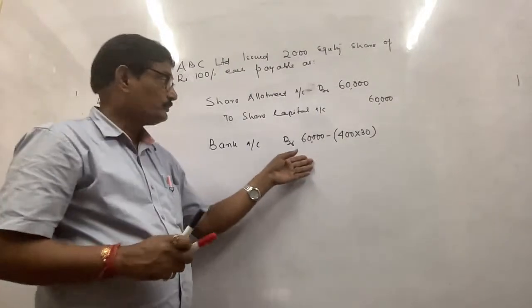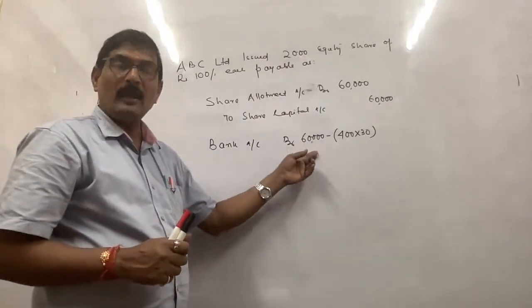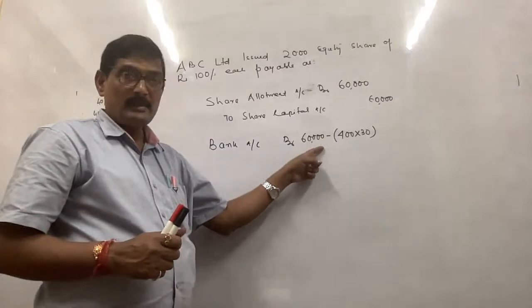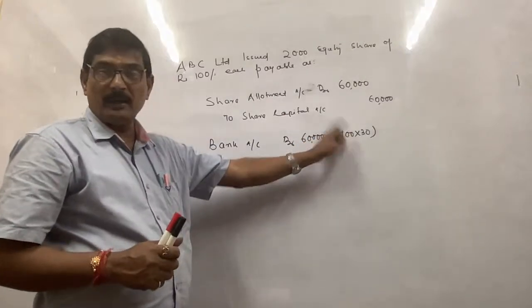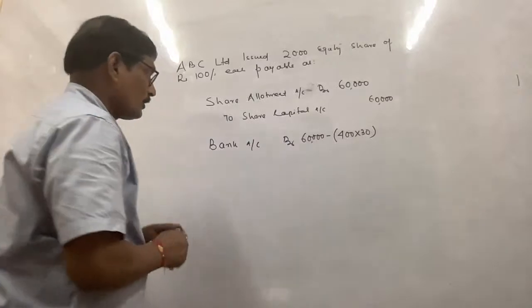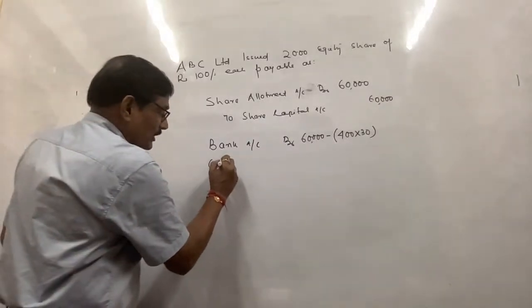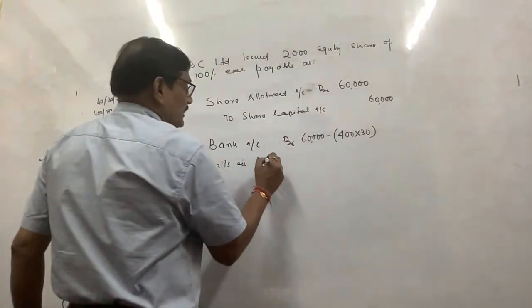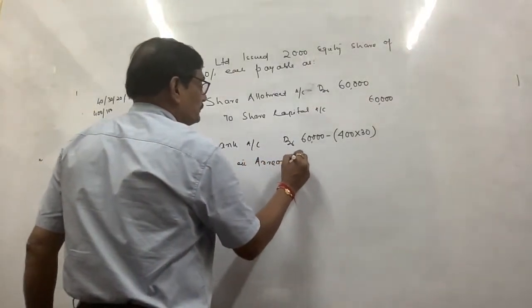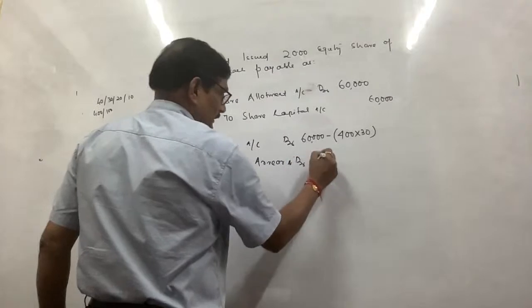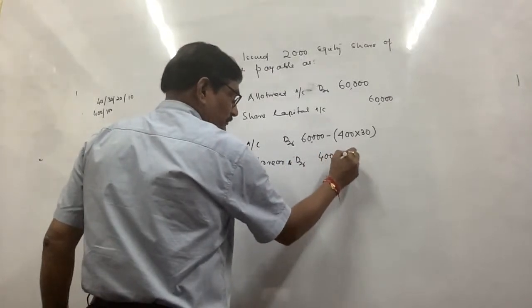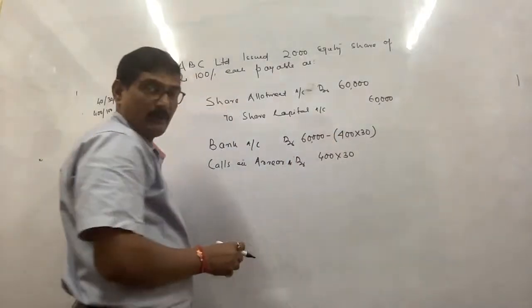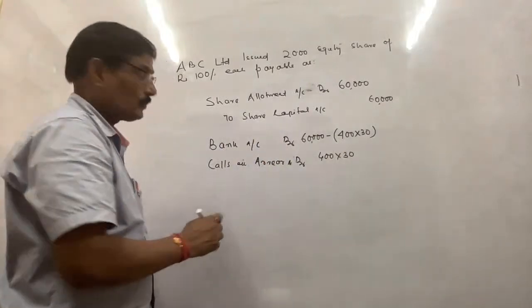Find out the net amount. Calls in arrear account debit, being an asset, it is debited, that is 400 into 30. But you should not write in this way.